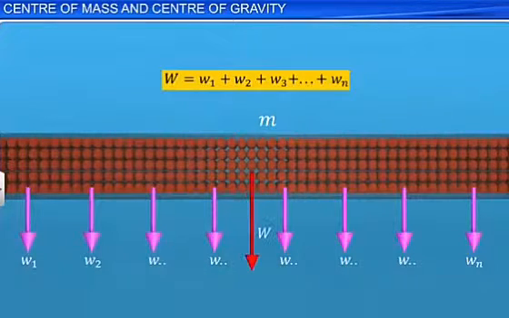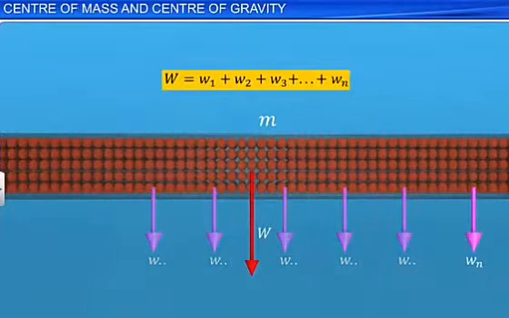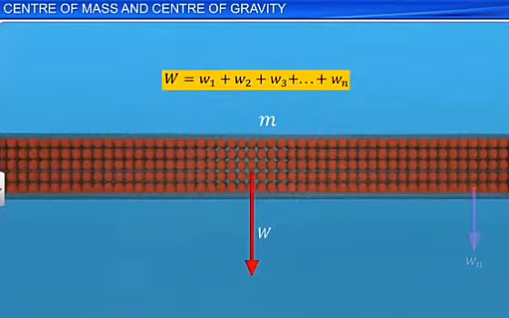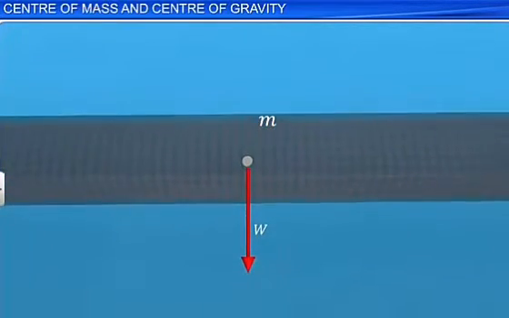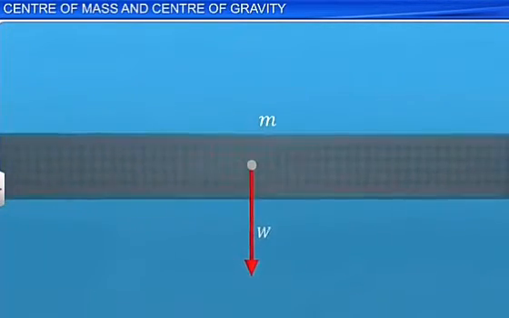It means that W is a single resultant force that can effectively replace all the like parallel forces W1, W2 and so on up to Wn. The weight of a body is always seen to be acting through a particular point of the body.